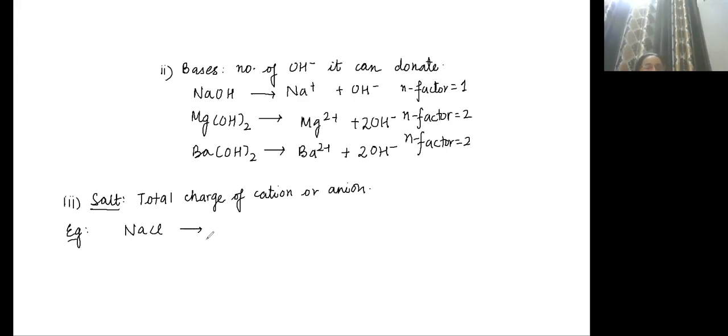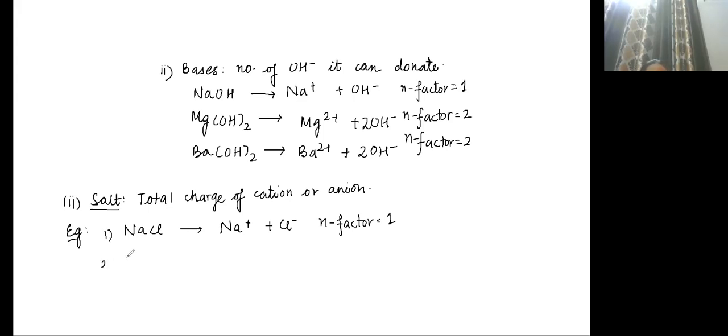NaCl will split as Na plus and Cl minus. So what will be N factor? N factor is 1 because Na plus has charge 1, and Cl minus also has charge 1.